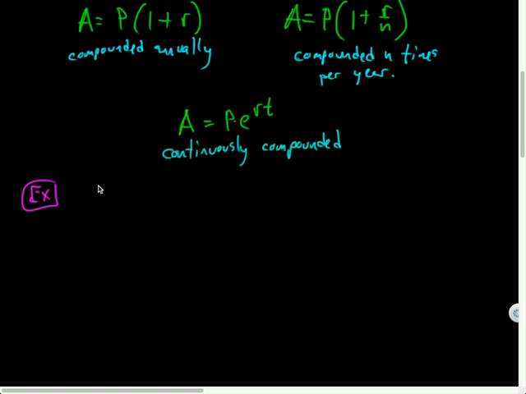So if I invest, let's say, $1,000 at a rate of, let's say, 3.75%, and for a length of time that is 10 years, how much money would I have at the end of that time? So let's define some variables.